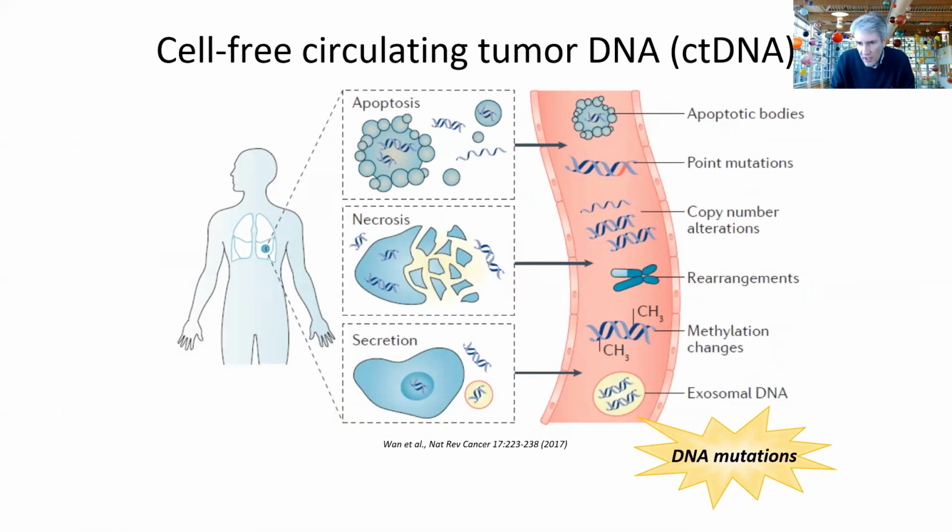Of course, that's the same for tumor cells. When tumor cells die, the tumor DNA to some extent will also end up in the bloodstream. Because cancer is characteristically different from normal based on the DNA mutations, it is these DNA mutations that you can also identify in the bloodstream. That's called ctDNA, circulating tumor DNA, that we are after.